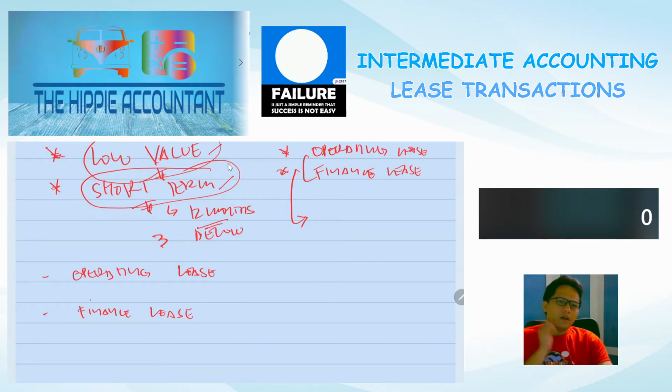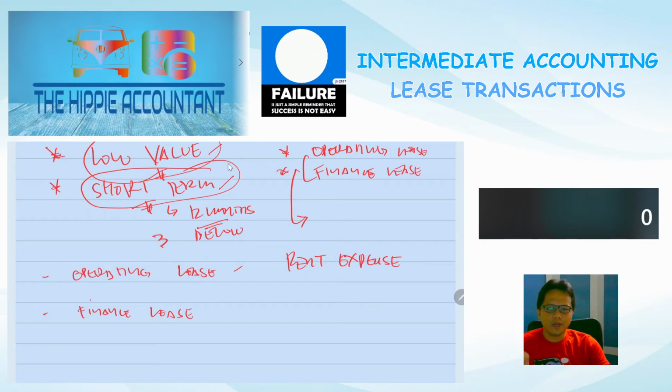Pag sinabi natin na operating lease, ito yung typical, common na nalalaman natin pagdating sa renta na kung ikaw yung nagre-rent, yung annual rental or yung regular rental payment mo is just to be recorded as a rent expense.